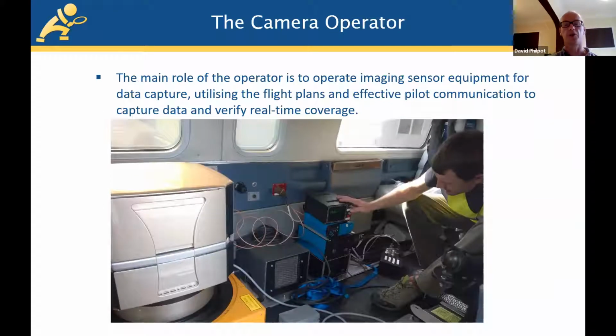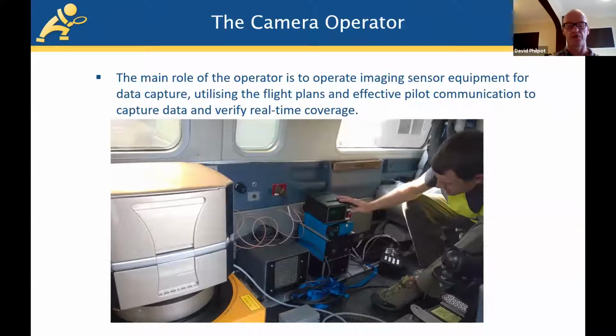So in the aircraft, we've got a pilot. We've also got a camera operator. The main role of the camera operator is to operate the sensor equipment and utilize the flight plans, and he's also responsible for communicating to the pilot.